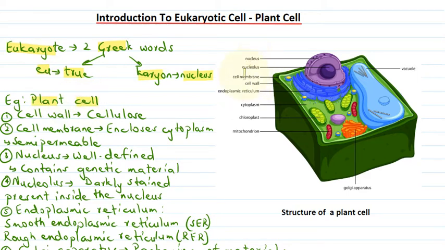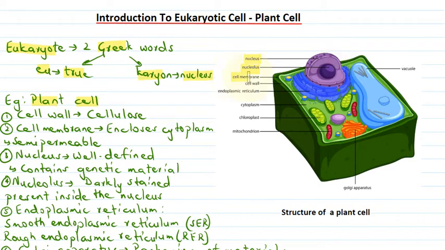So different parts of plant cell we have discussed, starting with nucleus. The nucleus in eukaryotic cells is well defined. They are bound by nuclear membrane, and nucleus contains genetic material of the cell. Then there is nucleolus. We can see the darkly stained spherical structure which is present inside the nucleus.